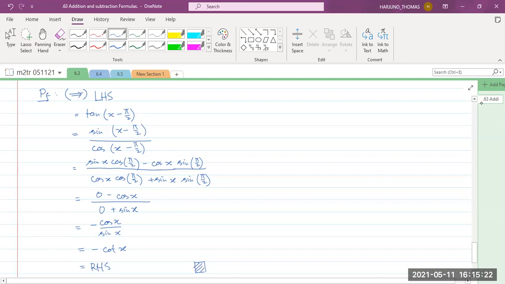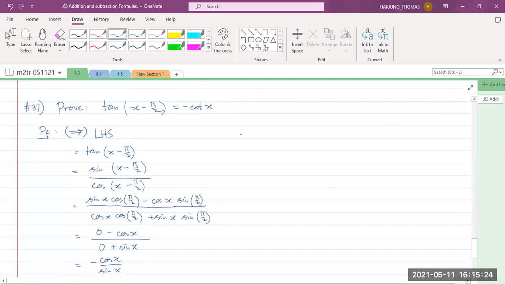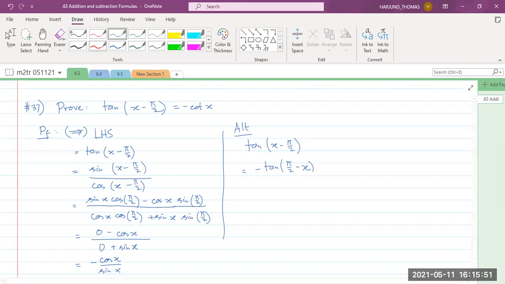Now let me show you the alternative way to look at that. Alternatively, tangent of x minus pi over 2. This is just a sketch of proof. That equals negative tangent of pi over 2 minus x. If I reverse the order of subtraction, that's the opposite, right? Maybe I write it this way first.